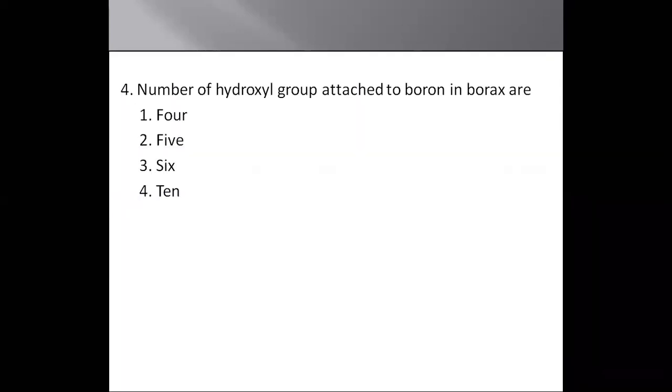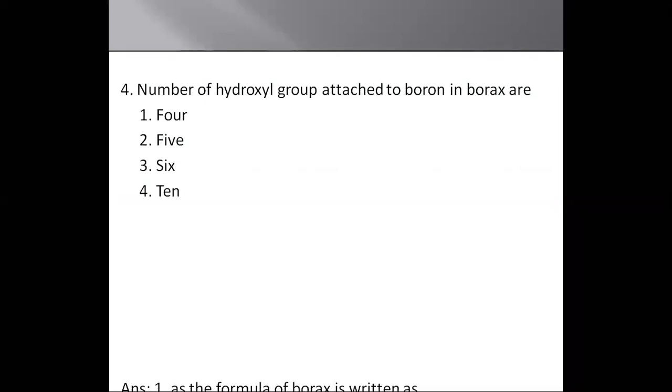Now let us come down to the next question. Number of hydroxy groups attached to boron in borax are. For this, we should know the structure or the formula of borax. Until and unless we know the formula or the structure of borax, we are unable to answer.